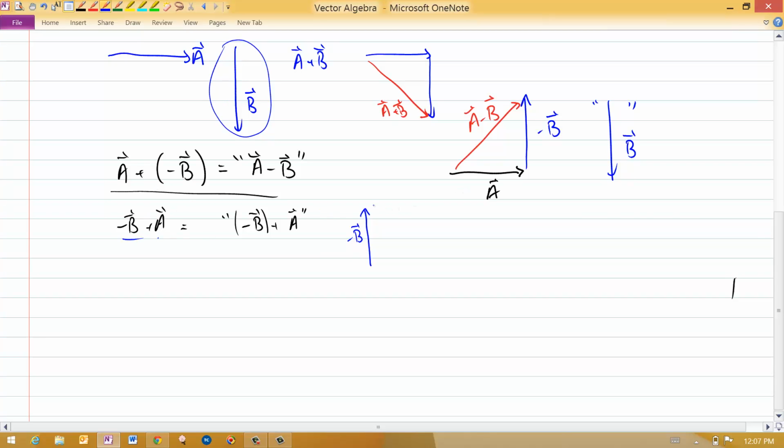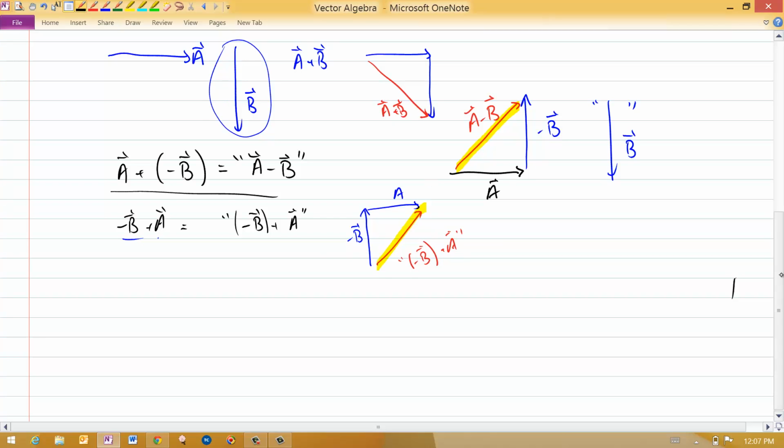And then I go along A. And then the vector, which I would write as minus B plus A, is the one that goes up and off to the right. Notice these two vectors, this A minus B and this minus B plus A, have exactly the same length and they point in the same direction, so they are the same vector.